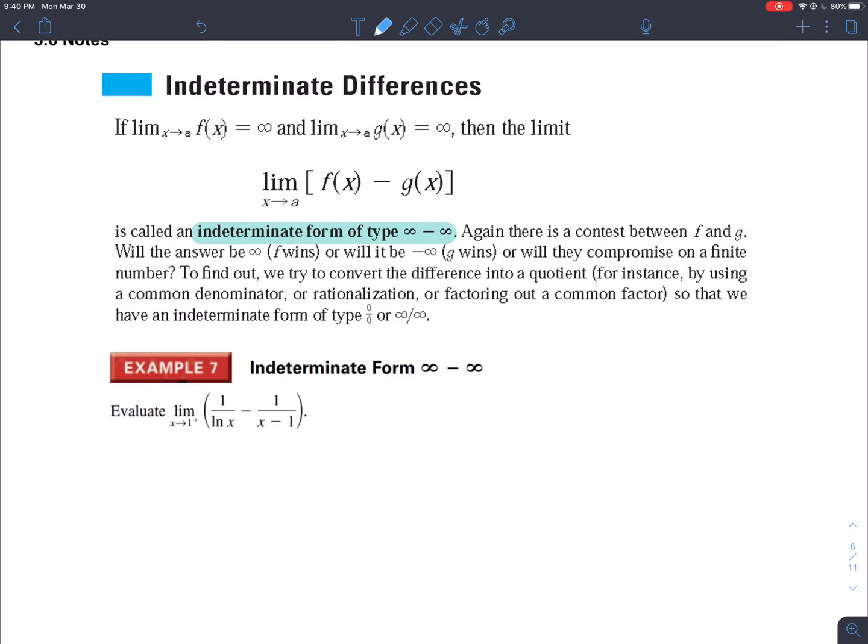Usually, to be honest with you, you'll see it here in the bottom, or in the explanation of this paragraph, it says to find out which one wins, we try to convert the difference into a quotient. All right, by using either a common denominator or rationalize. We might try to multiply by a conjugate and rationalize, or we might factor. There are several different strategies, but it's generally an algebraic strategy.